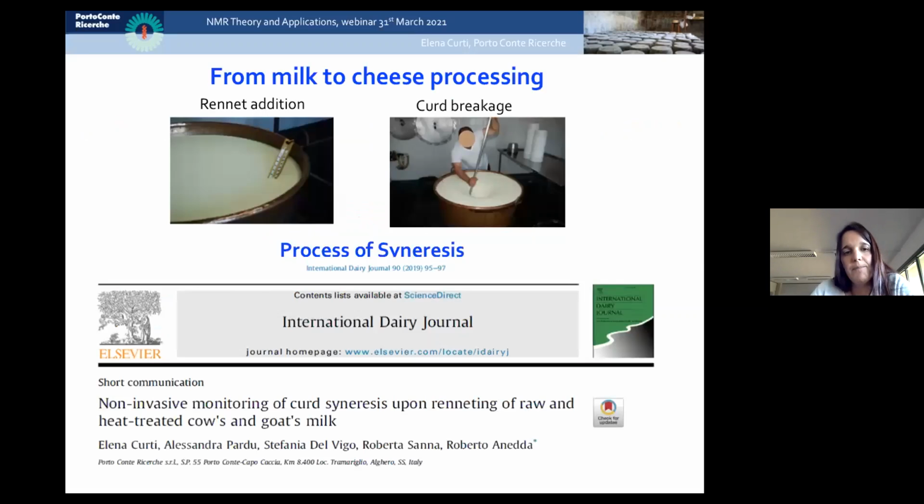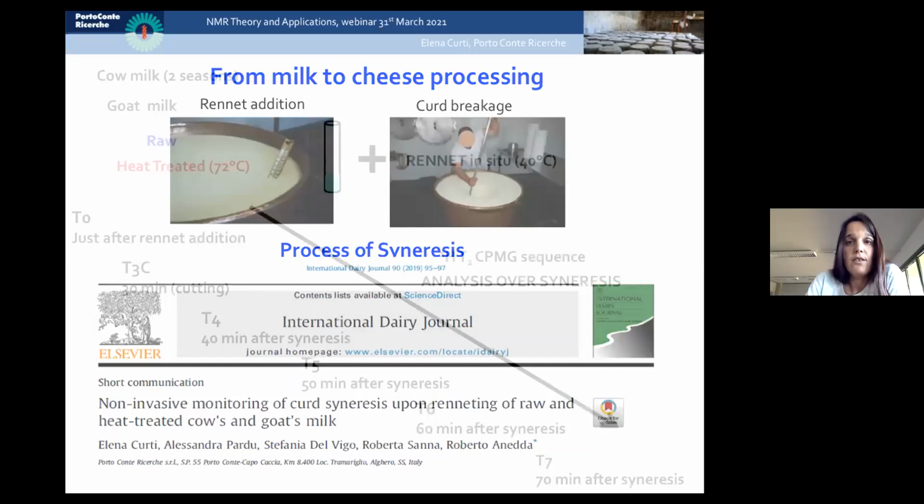Okay, so if we look at the following steps to which milk can be subjected to produce cheese, we can also monitor with the NMR the process of syneresis, as Roberto was saying before.